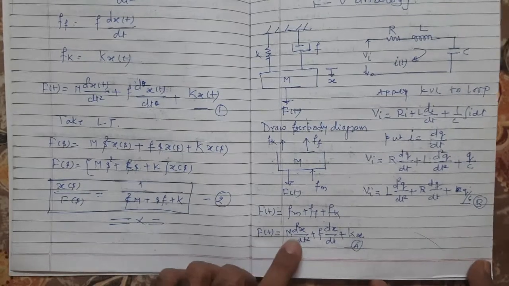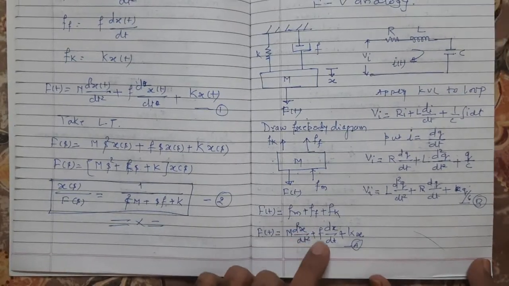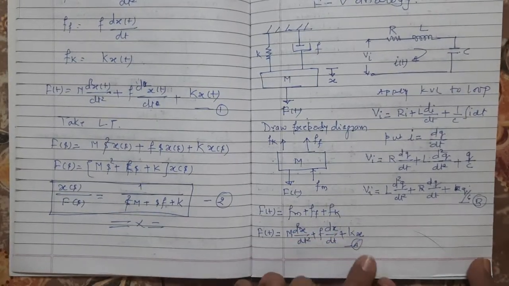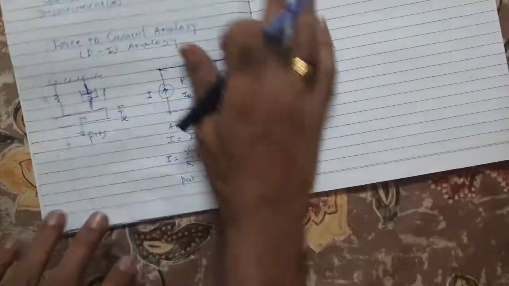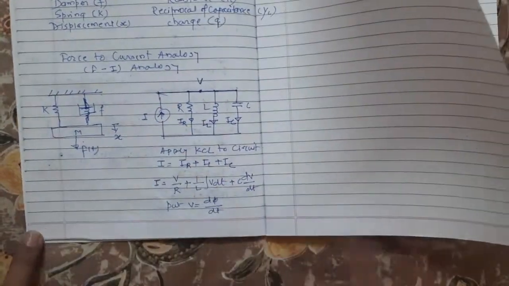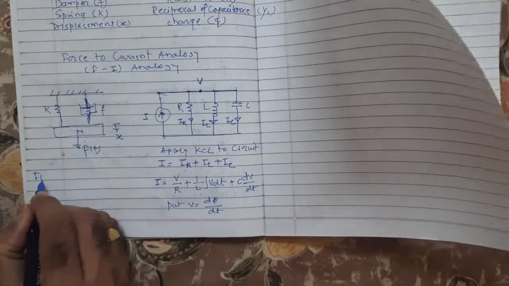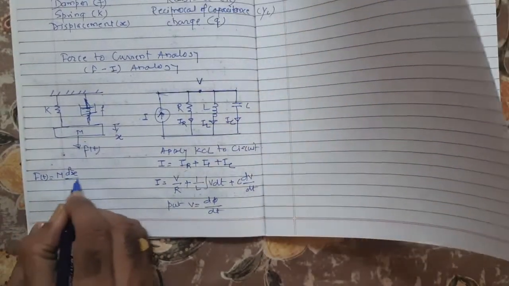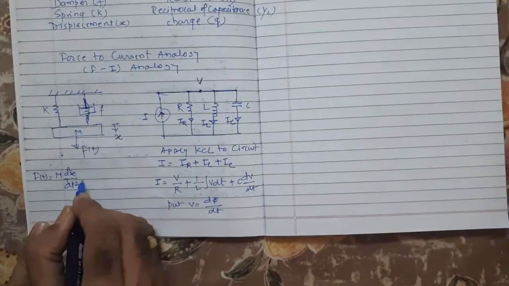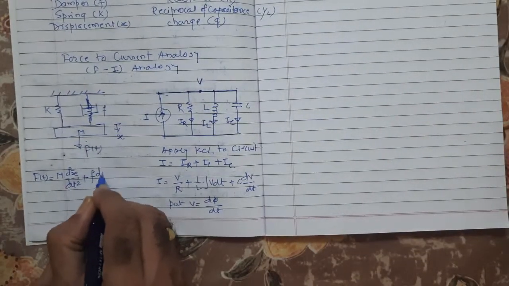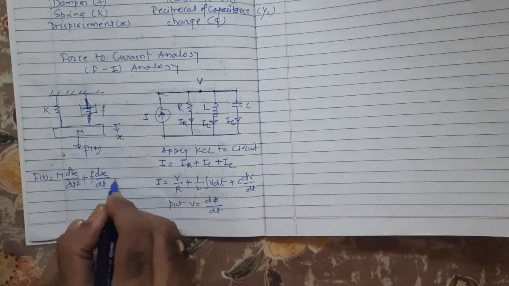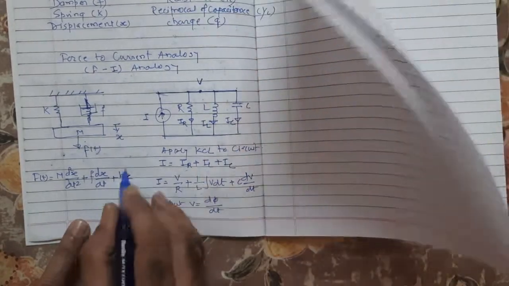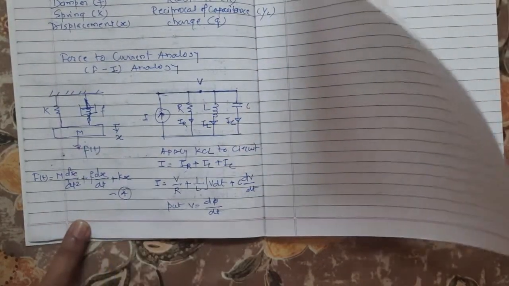Our equation is M into d square x by dt square plus f into dx by dt plus k into x. So we can have the same equation, that is f of t equals m into d square x by dt square plus f into dx by dt plus k into x. Let's say this equation is A.